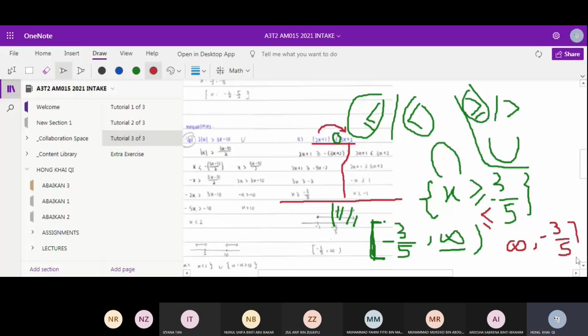If our answer is x less than or equal to -3/5, our answer will be like this. Now the answer is more than, so the answer is like this. Oh, okay.